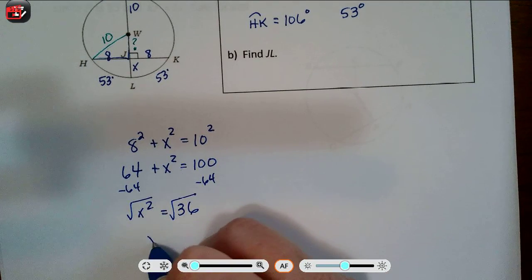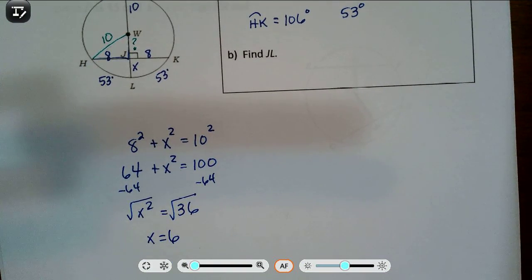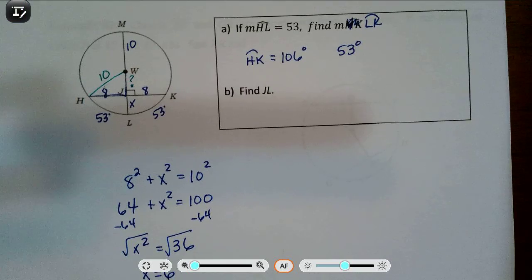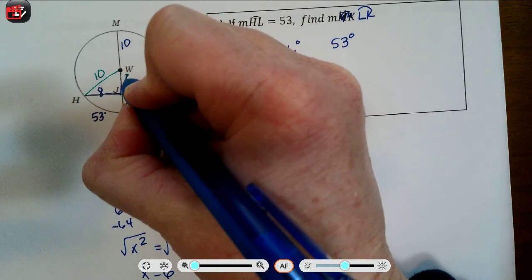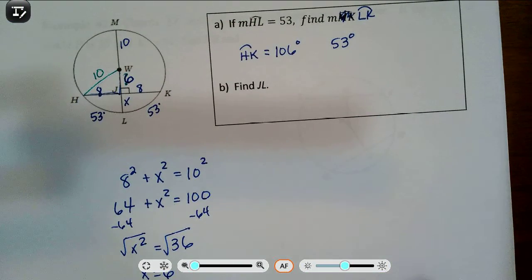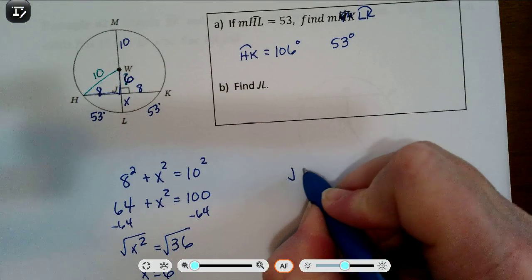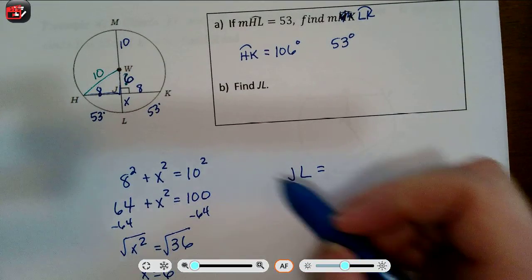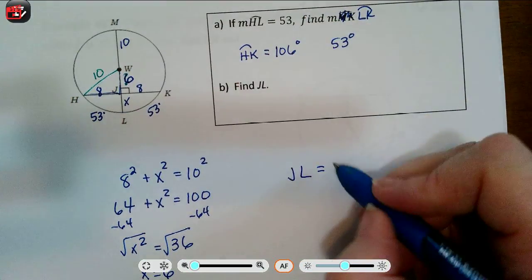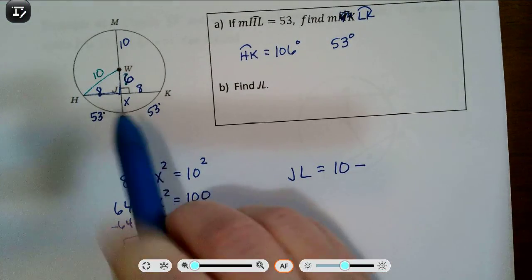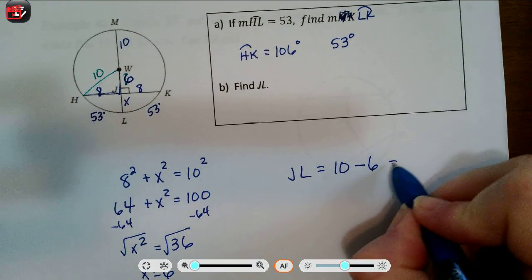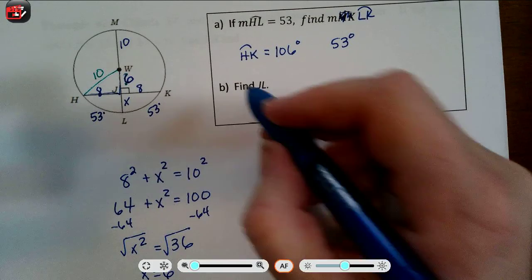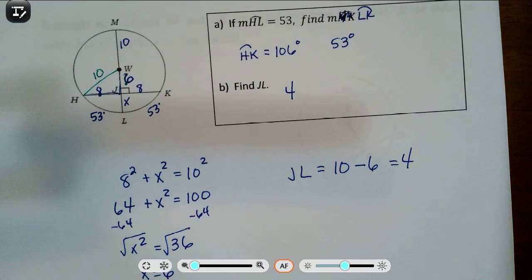Take the square root, and I find that x is 6. Now keep in mind that x is this piece right here. I really want to find JL. The whole from W to L is the radius, so that's 10, minus the piece that we found, 6, gives me a value of 4. So JL is equal to 4.